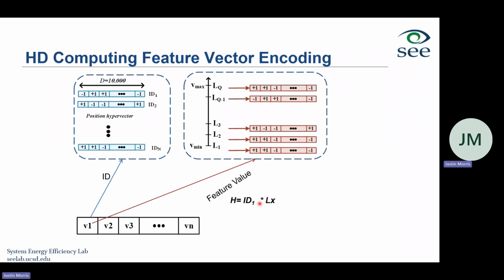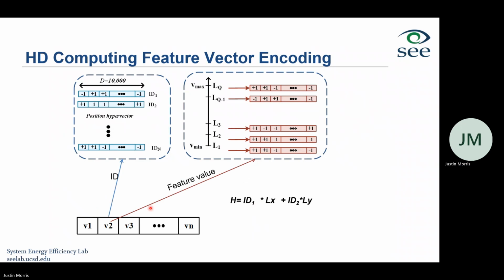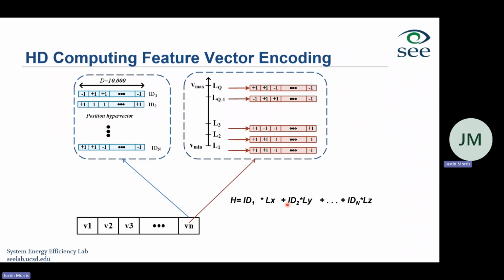And this is just element-wise multiplication. Right? Then we do the same thing for the second pixel. The ID hypervector that represents the second position, level hypervector that represents the value of that pixel. Associate and bundle. And we do that for all of the features, or all of the pixels.